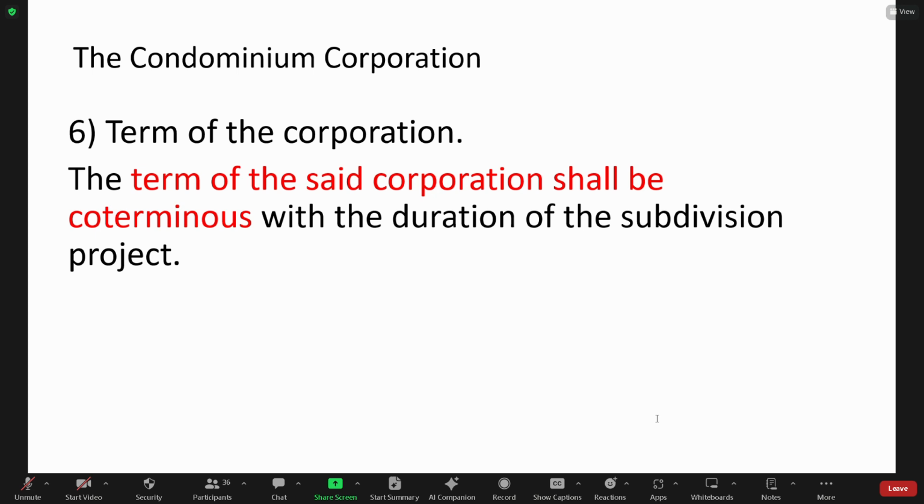Ang sagot na dyan, gaano ba kahaba yung life ng condominium, as long as it exists. And how can it not exist? Pag binenta yung buo, pag nagiba yung buo through acts of God, or pinagiba nyo as unit owners. Okay?